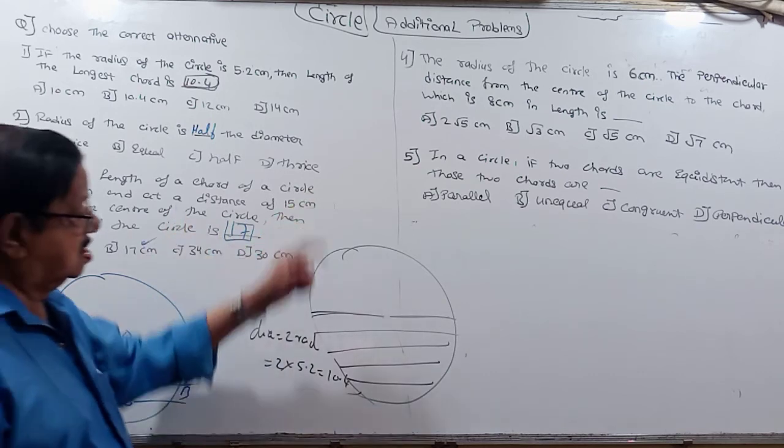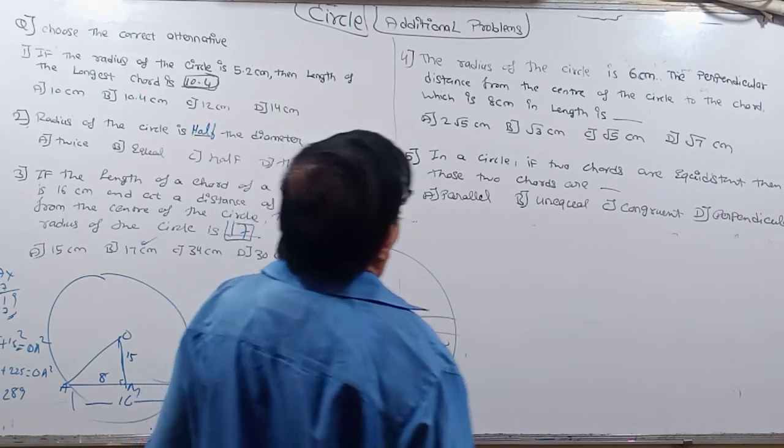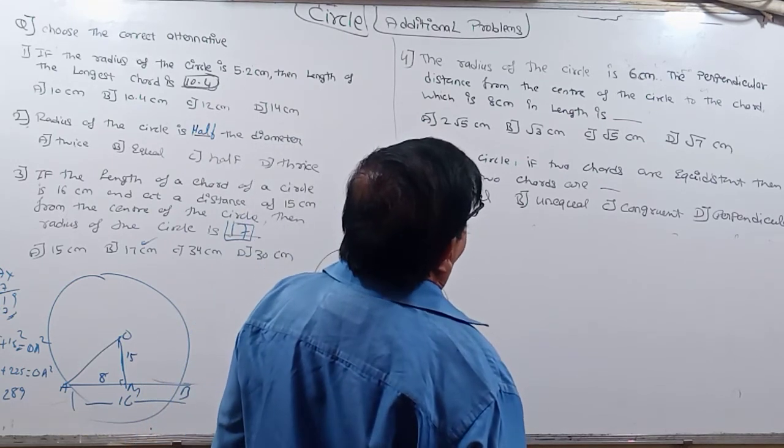So we go to the next one. Question number 4. The radius of the circle is 6 centimeters and the chord length is 8 centimeters. We draw the chord and the radius 6.